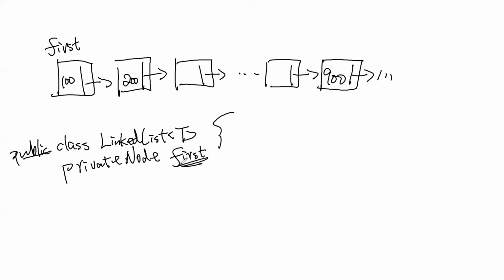So basically, you have this single instance variable. Then we know the whole linked list. We don't need anything else. So that's the general framework.